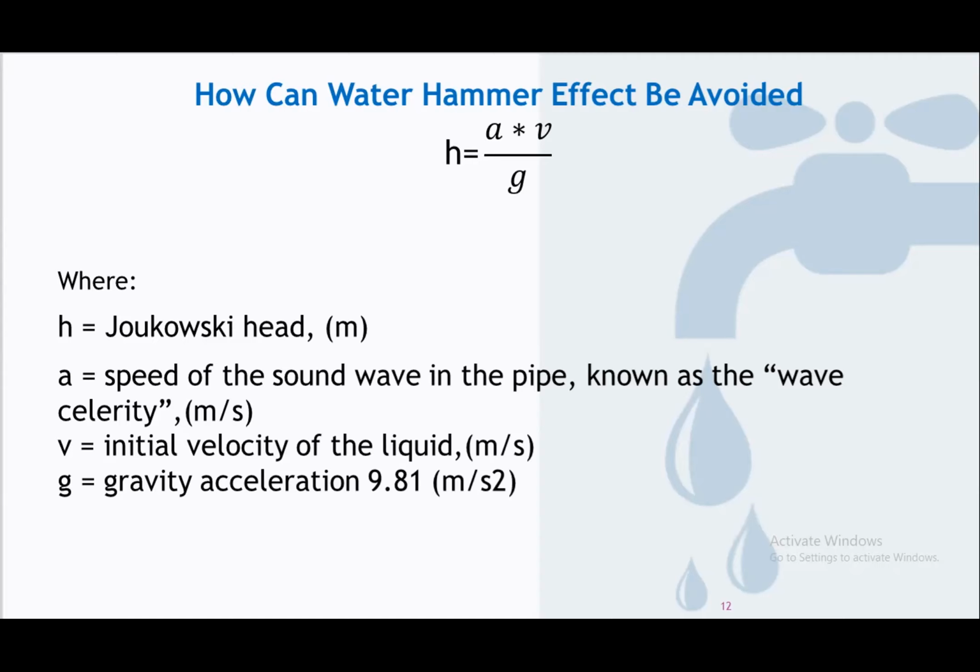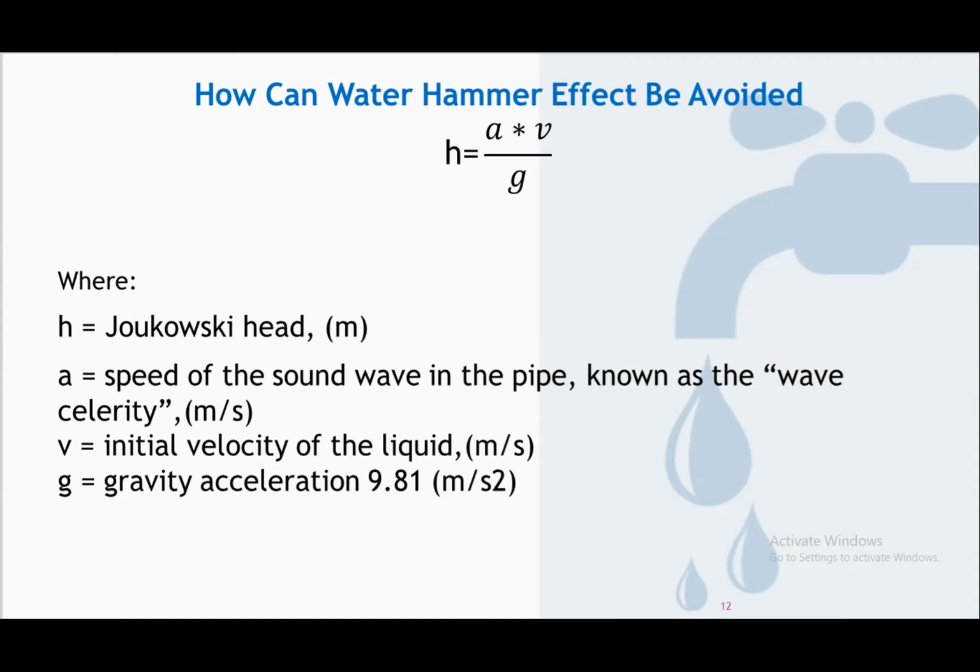What are the parameters that affect the wave celerity? Let me just give you a number, to make it sensible to understand how big the pressure of the water hammer is. The wave celerity might reach 1,000 meters per second.